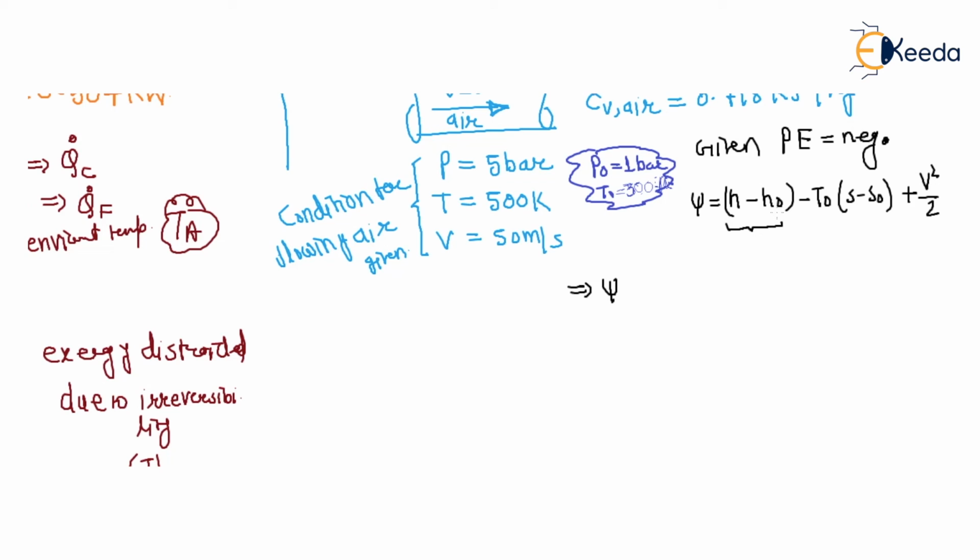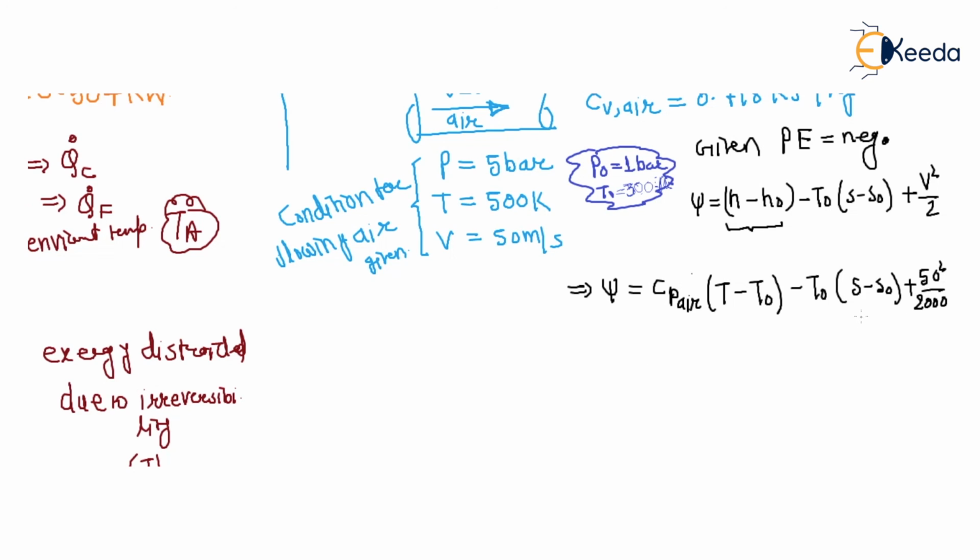It is calculated per unit mass basis: Cp of air times (T minus T naught). The velocity is given as 50, so 50 square by 2000, always remember, so this is in kilojoule.